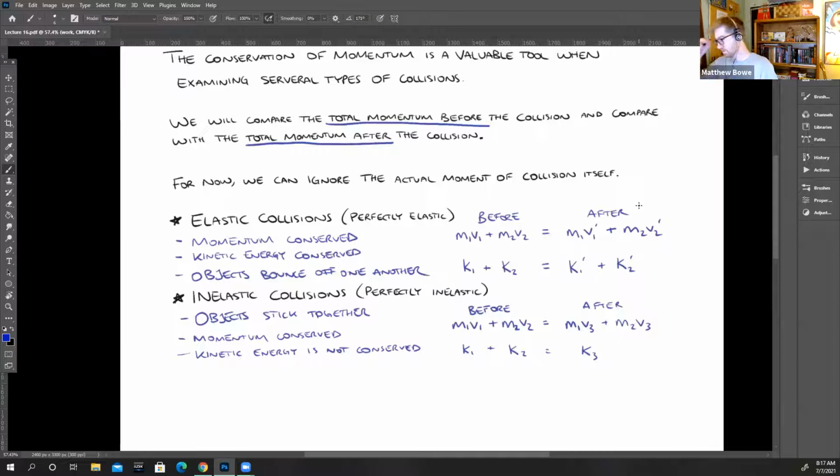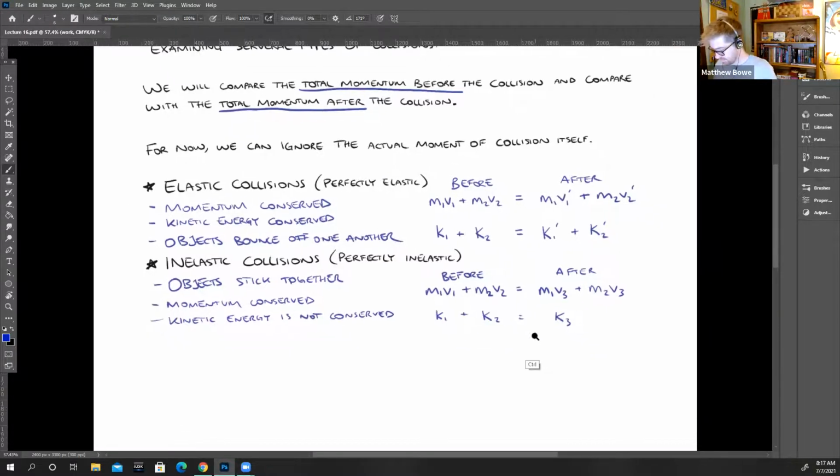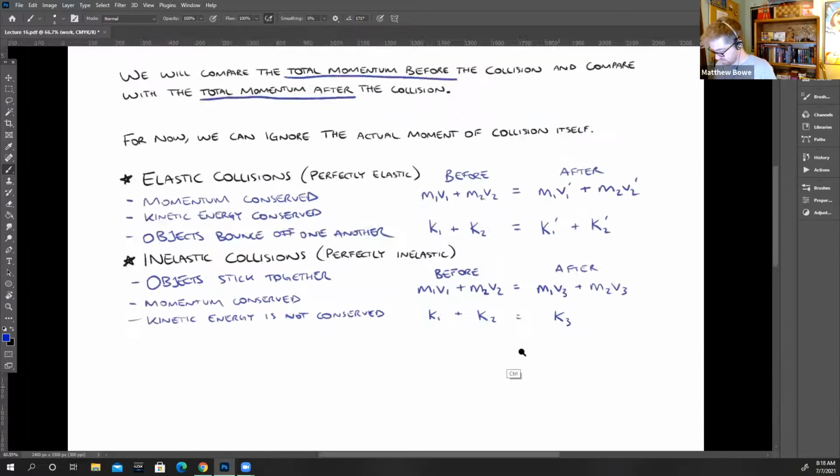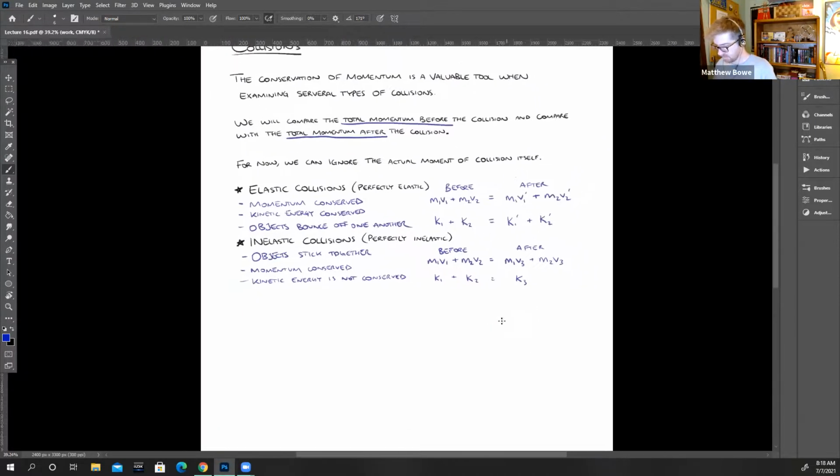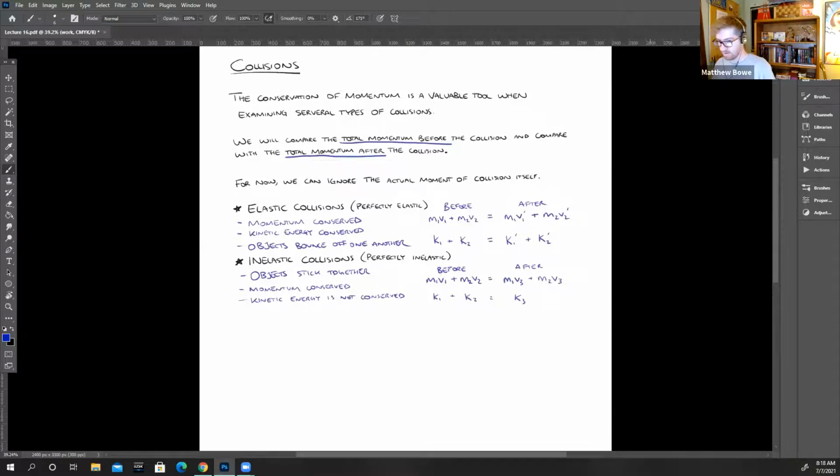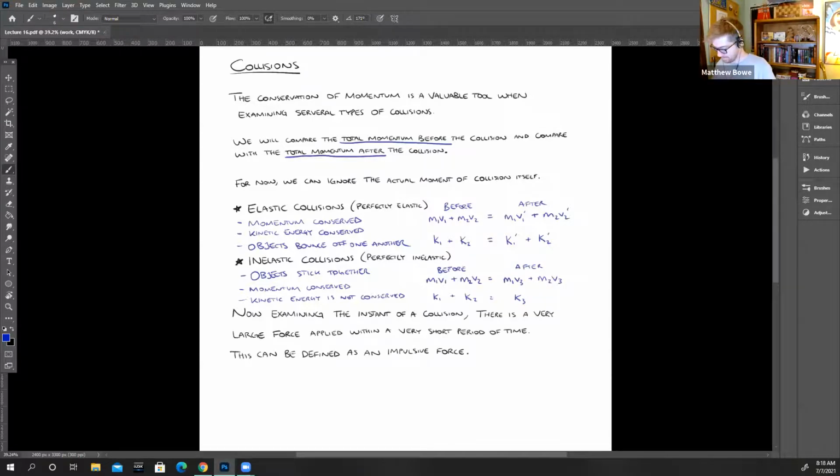Let's go over that split second where an object is changing direction or two objects come into contact with one another.